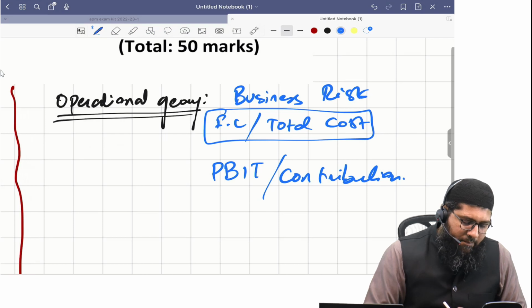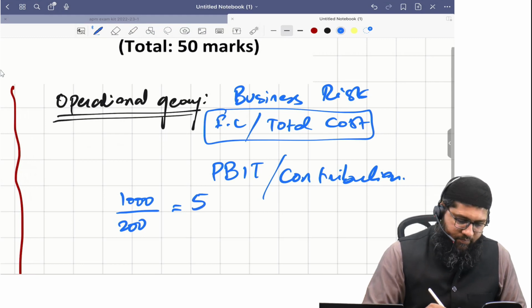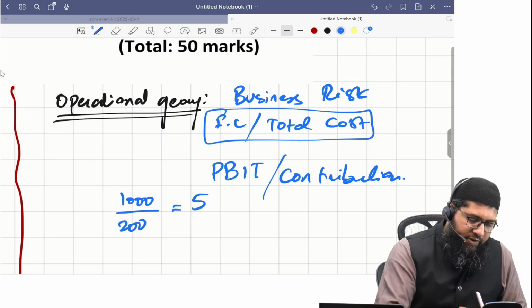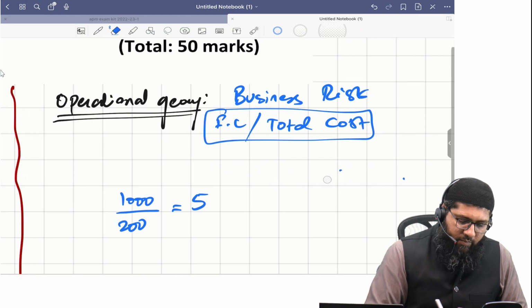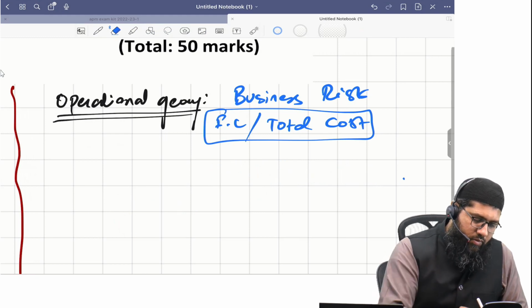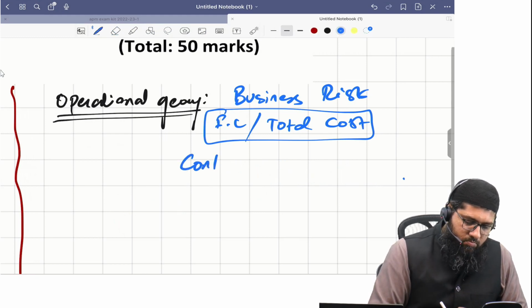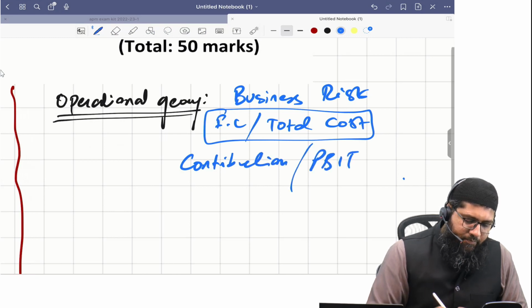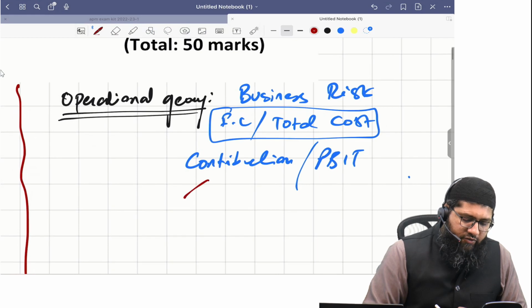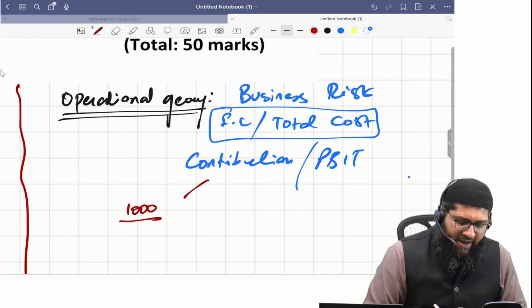So let's say you have 1000 PBIT upon 200 contribution, so that means 5 times. Sorry, I've written a reverse formula. It is contribution divided by PBIT. So if you have a contribution of 1000 and PBIT of 250, it is 4.